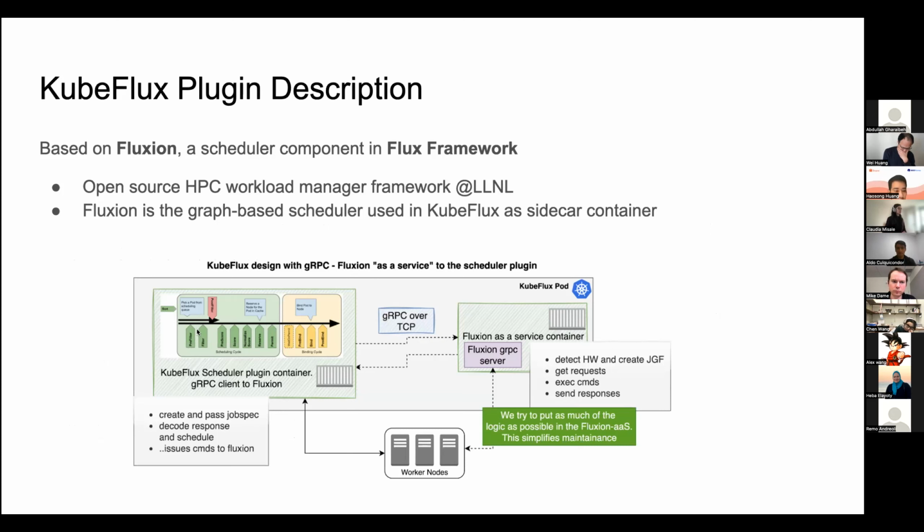But the information, the list of the nodes where the pods have to land, comes in the pre-filter extension point, because that is where the pod arrives first, and we ask Flux where to put the node or the group of nodes.